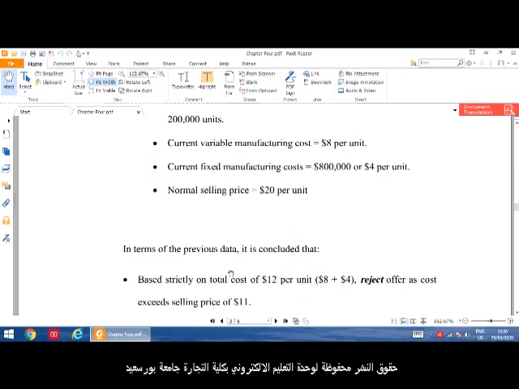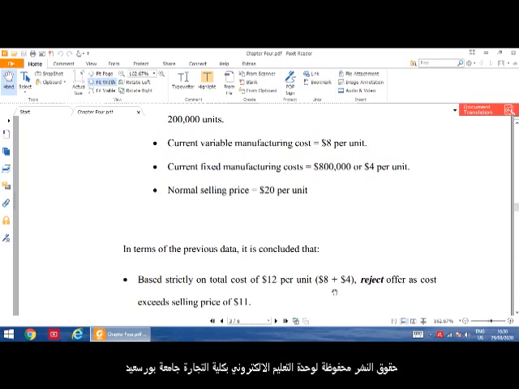So obviously, total cost is $12 per unit, $8 variable and $4 fixed.